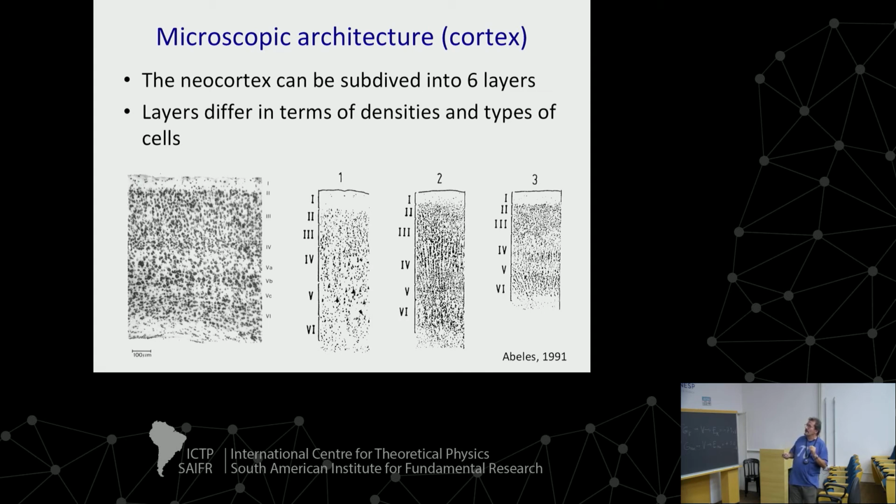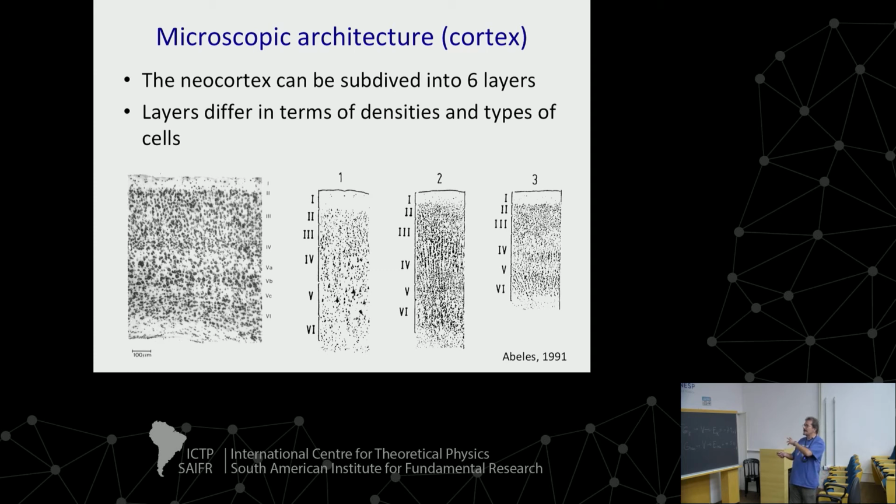The basic structure of the cortex has been known since the beginning of neuroscience, in the early 20th century. If you stain cortical tissue, you see that the cell bodies have different concentrations depending on the depth along the cortical surface.